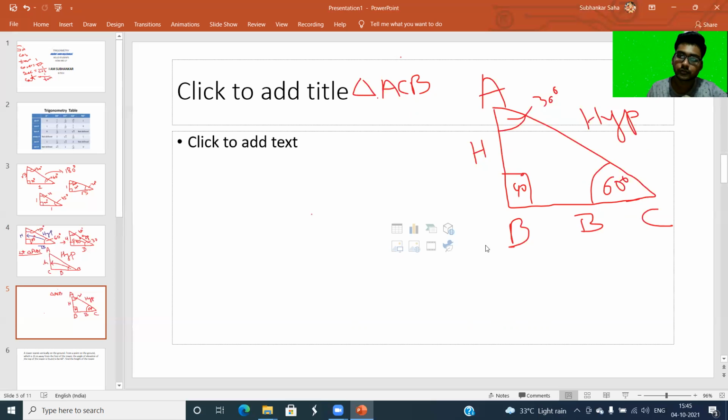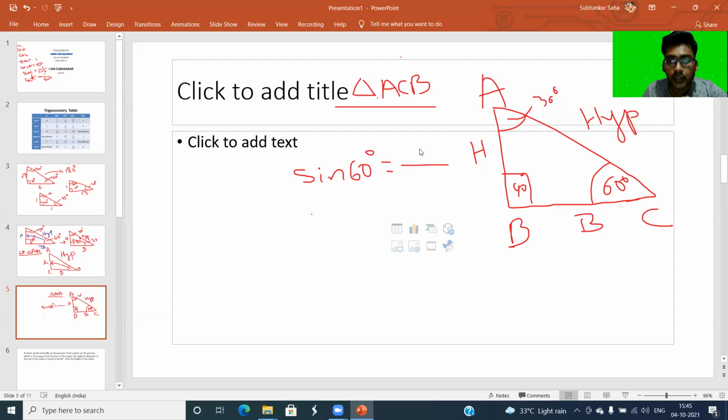If we take angle ACB and want to find sine 60 degrees, what do I do? What is sine? Sine means height divided by hypotenuse.